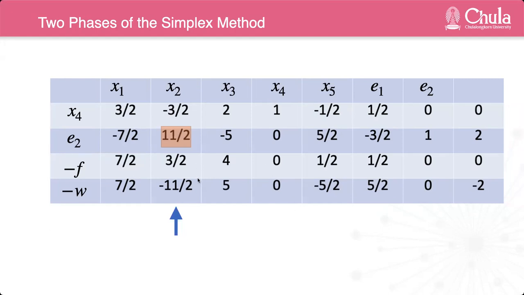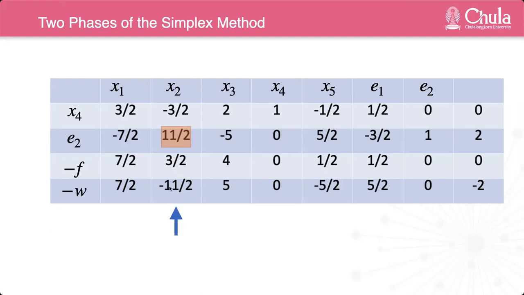In the next iteration, this column is the most negative. So we need to introduce x2 to be our basic variable.